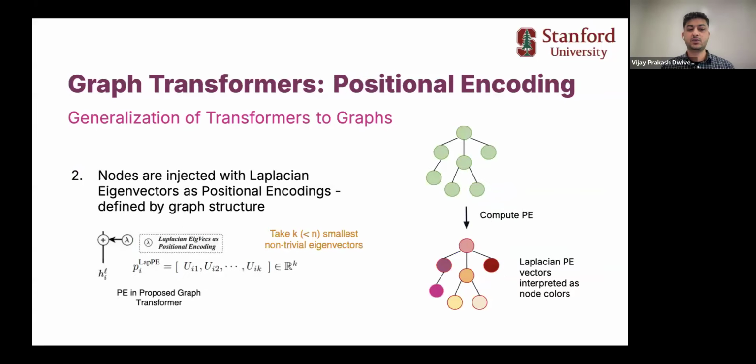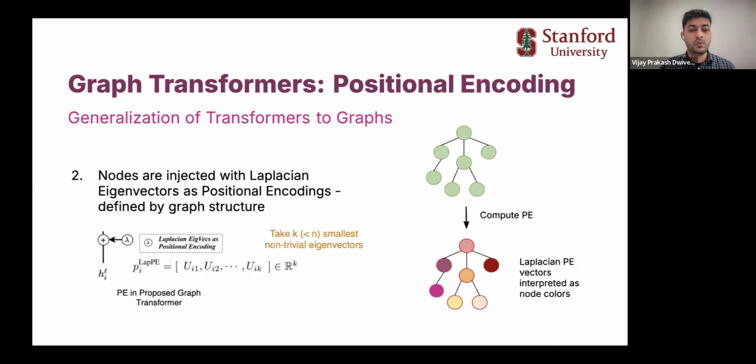Second, nodes are injected with Laplacian eigenvectors as positional encoding, something that I referred to with the graph view of positional encoding in the text transformer. So what we do is we take the k smallest non-trivial eigenvectors. It can come from any arbitrary graph using the same method of getting the adjacency, computing the Laplacian, getting the eigenvectors, and taking k sorted non-trivial eigenvectors.